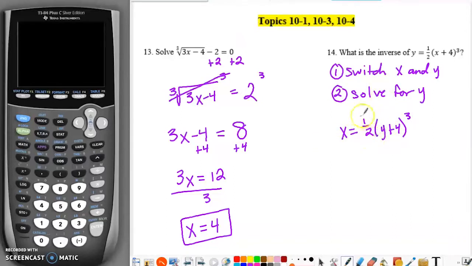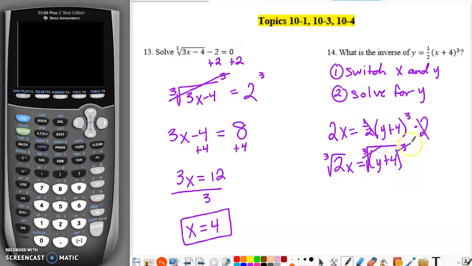So I'm going to start by getting rid of this 1/2. The opposite of 1/2 is multiplying by 2. So we're going to multiply this side by 2 and this side by 2 to cancel those 2 out. So we get 2x is equal to y plus 4 cubed. The opposite of cubing is to take the cube root.